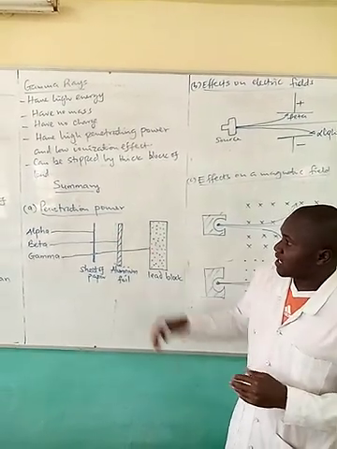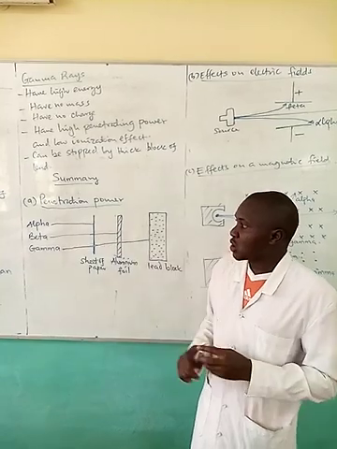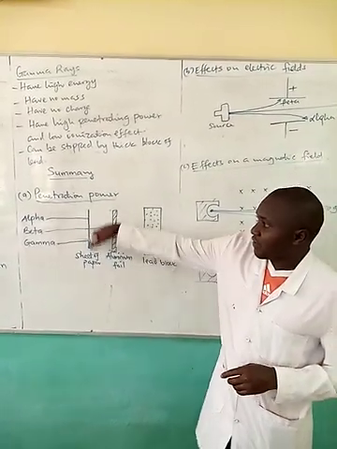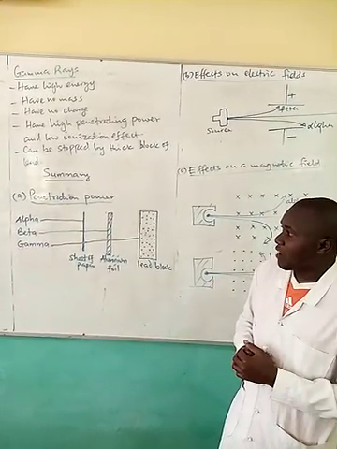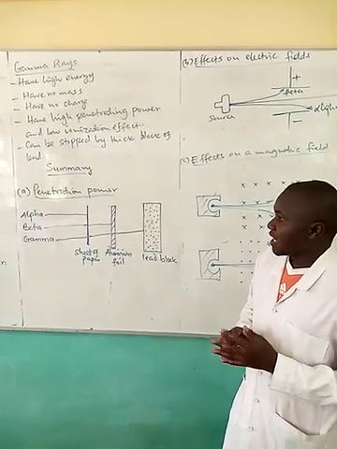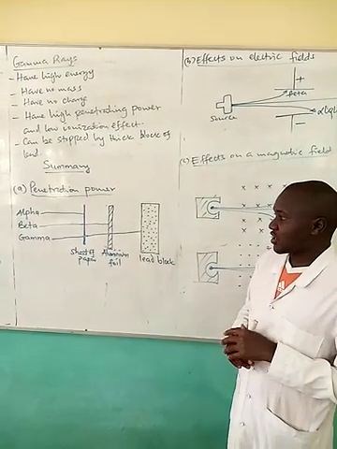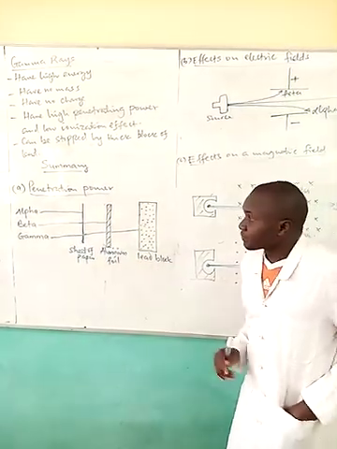So according to this, it means that gamma radiations have higher energy compared to alpha. So in the order in which they are arranged, alpha, beta, and gamma, they are arranged in order of increasing energy, increasing penetration power, and decreasing ionization effect.